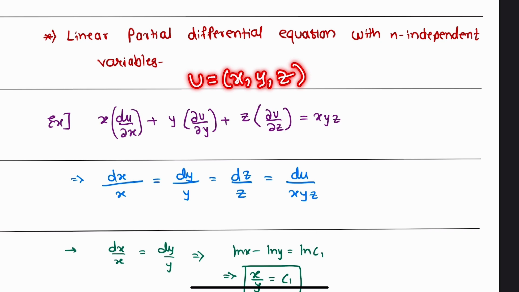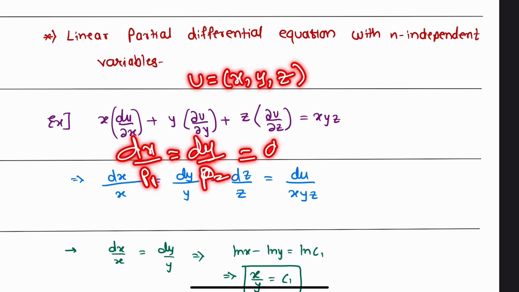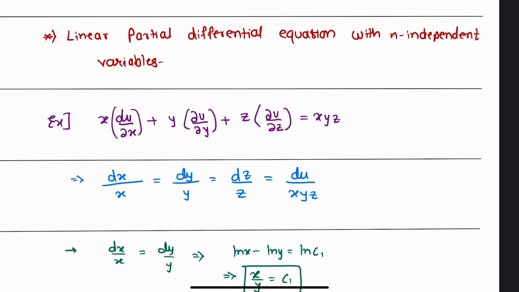So here, the Lagrange's equation that we used to write earlier, we will expand it as dx by p1, dy by p2, dz by p3 equals du by r. And now you will ask what is this p1, p2, p3 and r.